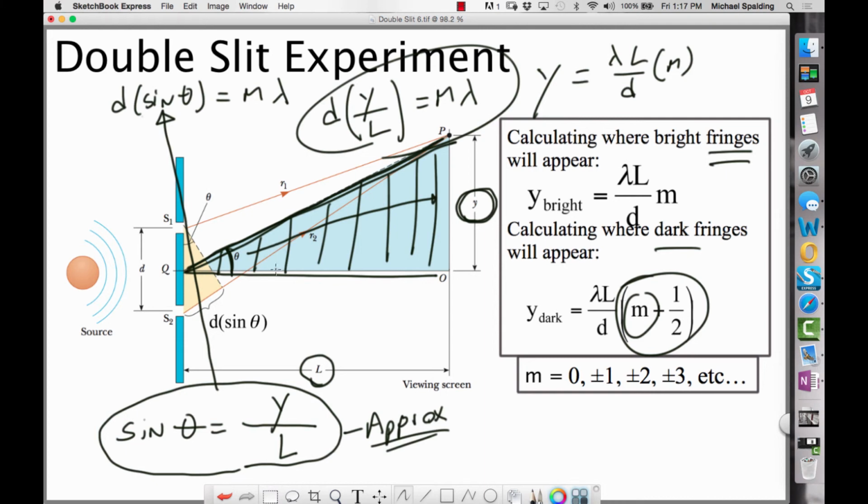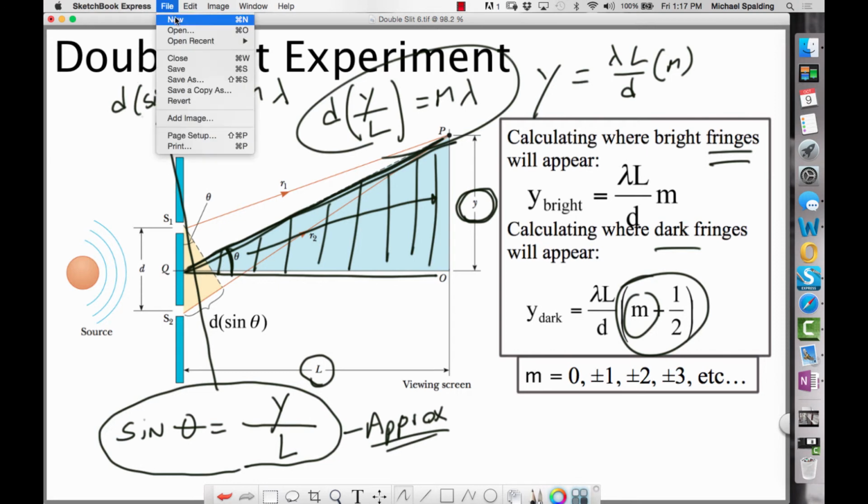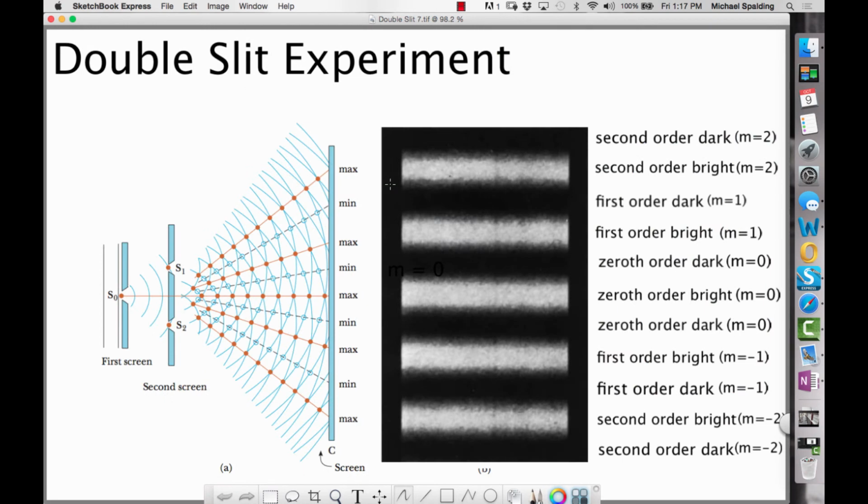All right? So then the final screen, I want you just to have the lingo here. So if you look at the pattern, you get this central bright spot, this guy right here. This guy is the one in the center. He's referred to as the 0th order bright. Now why 0th order?